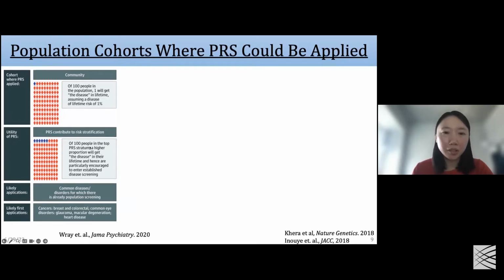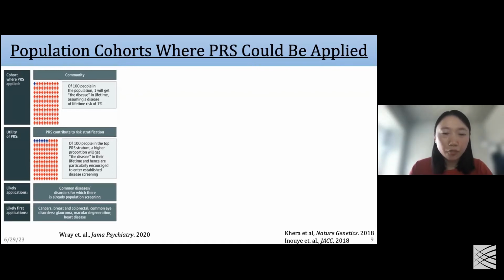Assuming a disease has a lifetime risk of 1%, those individuals in the top PRS stratum have a higher probability of getting that disease in their lifetime, and they are strongly encouraged to enter established disease screening. This scenario is mostly useful for diseases like cardiovascular disease and breast cancer.